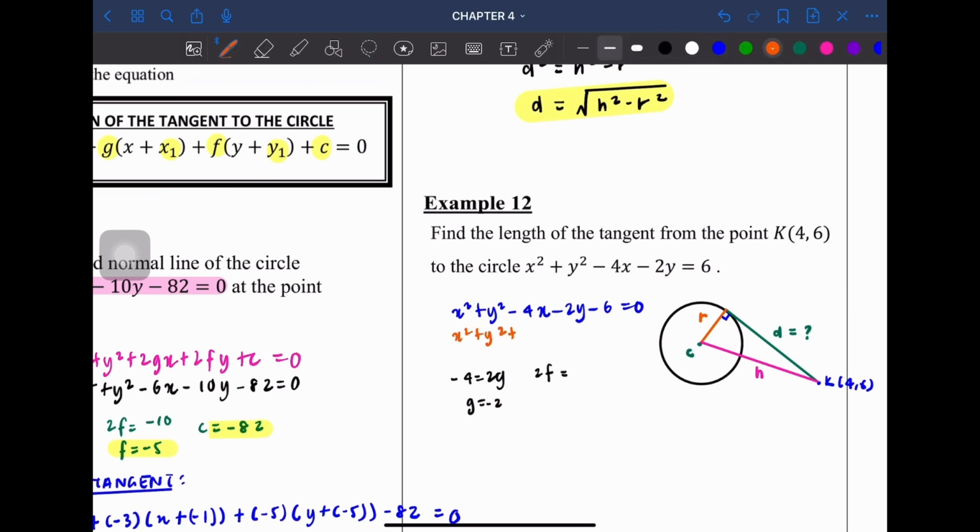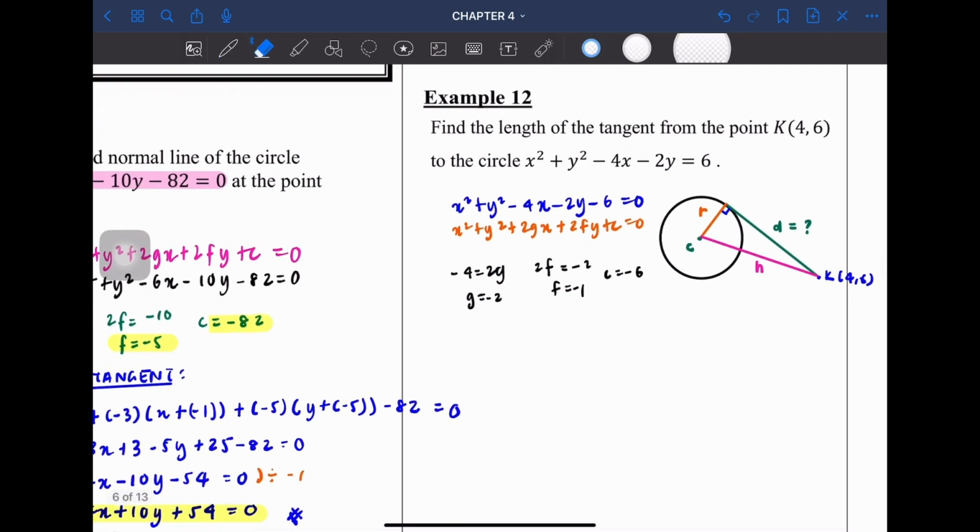Now we compare our f, so our 2f equals negative 2. So our f is negative 1, and your c is equal to negative 6.